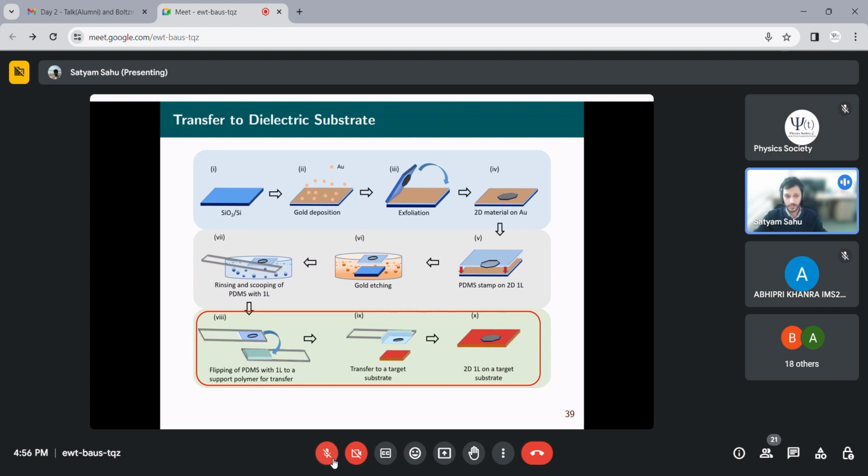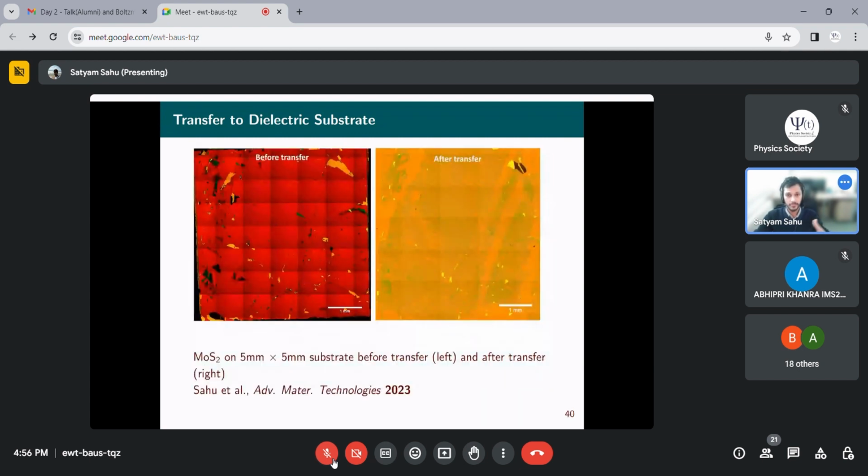So that's what we did, and here we have the pictures of the same sample, before, when it was on gold, on the left side. We had something like 5 millimeters by 5 millimeters monolayers, and on the right side we have the transferred flakes.